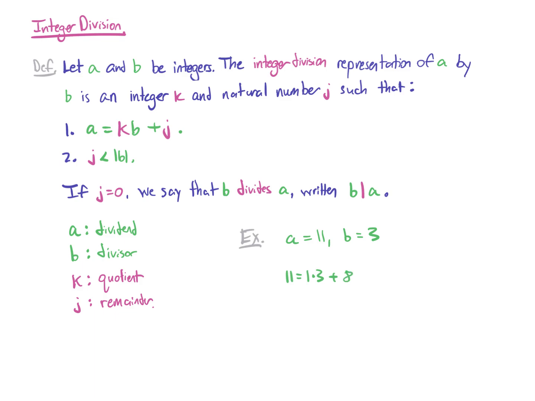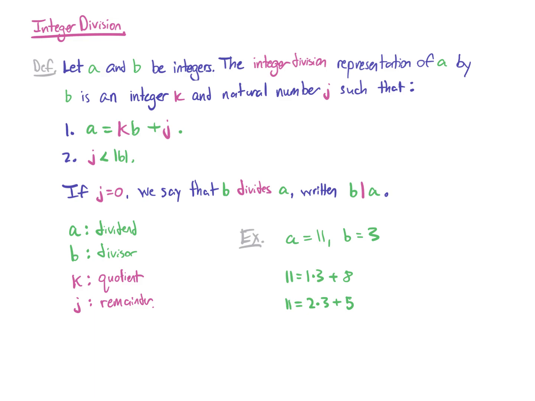That's a true arithmetic equation. Here's another one: 11 is equal to 2 times 3 plus 5. So these have the right form. In my first example, k would be equal to 1 and j would be equal to 8. But we wouldn't say that 11 divided by 3 is 1 with remainder 8. That's not how we normally talk about that. Similarly, we wouldn't normally say that 11 divided by 3 is 2 with remainder 5.